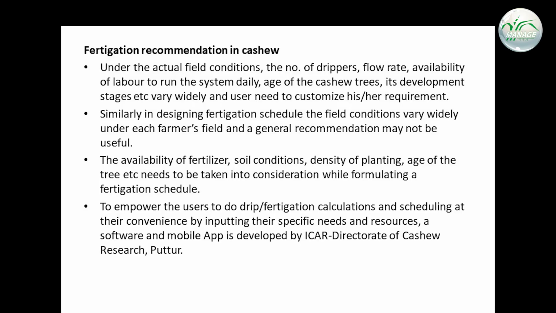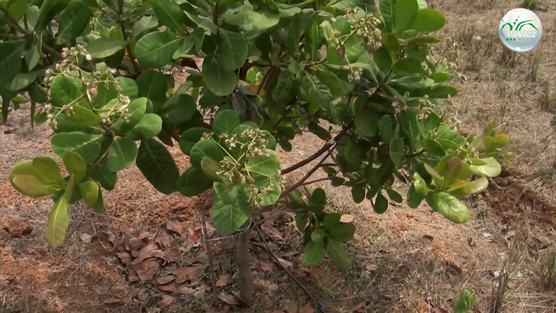Under the actual field conditions, the number of drippers, flow rate, availability of labor to run the system daily, age of the cashew trees, its development stages, etc. vary widely and user need to customize his or her requirement. Similarly, in designing fertigation schedule, the field conditions vary widely under each farmer's field.